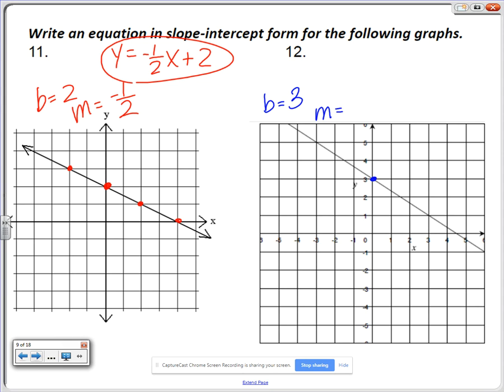Can you find me another nice point? 3, 1 looks good. 5, negative 3 is down here. Negative 3, 5. You got to go in the right order. Okay. What is my slope? Negative 2 because we're going down. And then 3. So what's the equation?